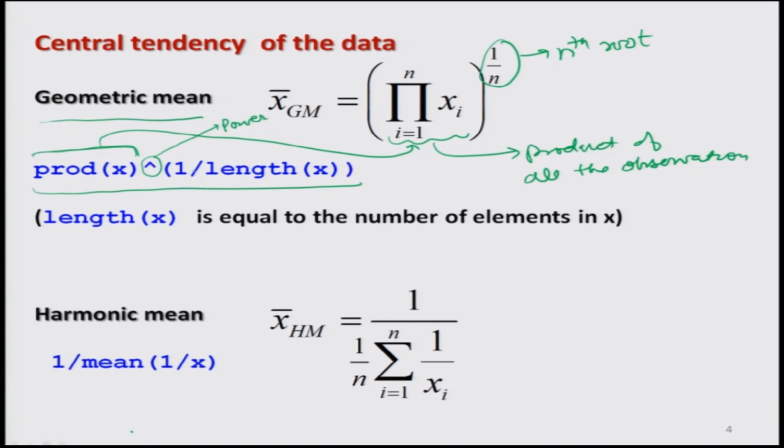And then I am writing here 1 upon length of x. We know that the length of a vector is given by length of x. So, this is simply the total number of observations, n. So, if I take its power using the symbol hat, then inside the bracket I use 1 upon length of x, which is denoting this quantity. So, this is how one can compute the geometric mean.